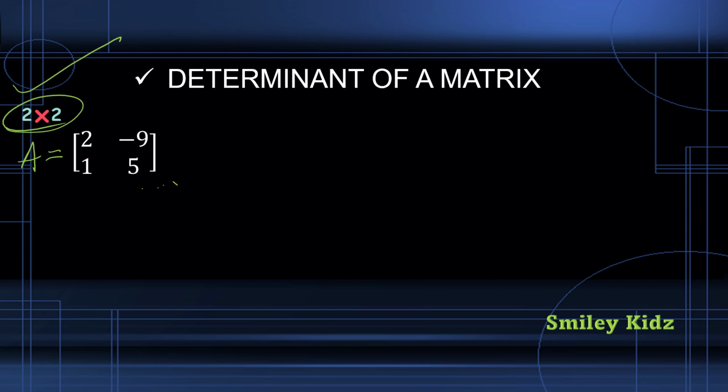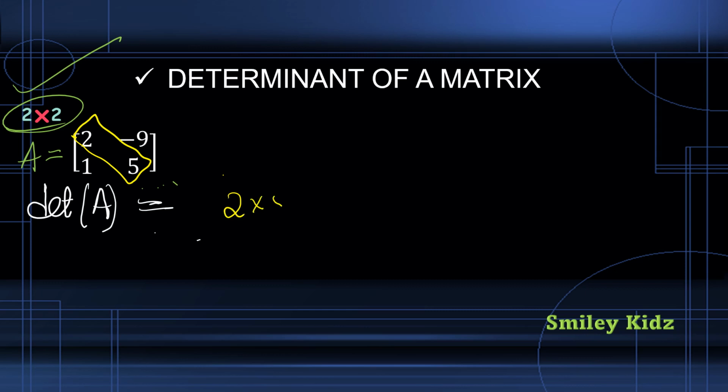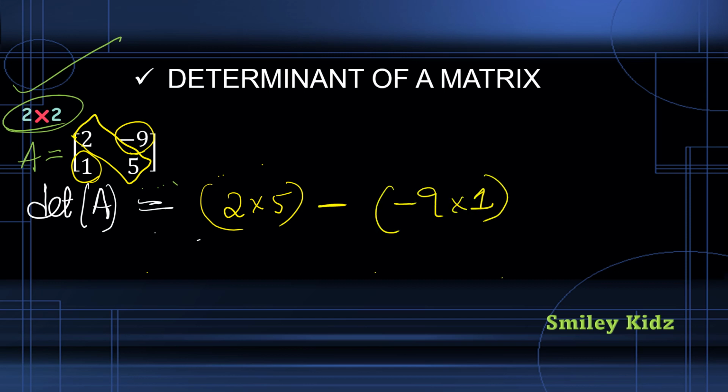Alright, so here, if I have to find the determinant of matrix A, I'll write it as determinant of A is equal to. Now, draw a diagonal first. Multiply the diagonal elements. 2 into 5. Multiply them. Alright. Multiply the rest of the elements and subtract. As simple as that.